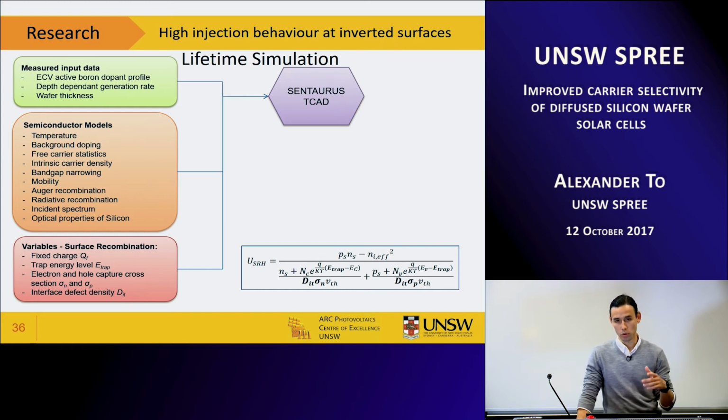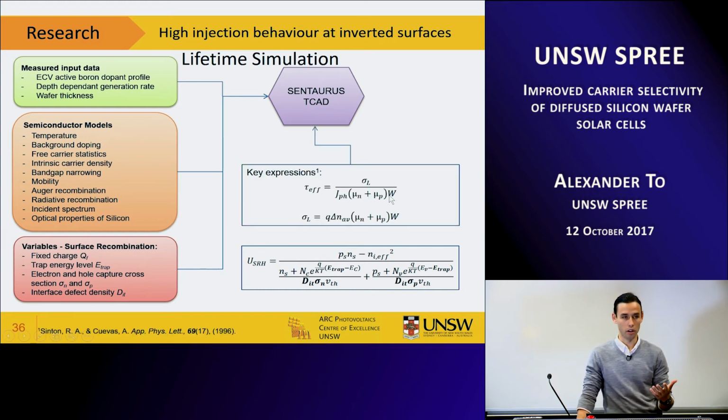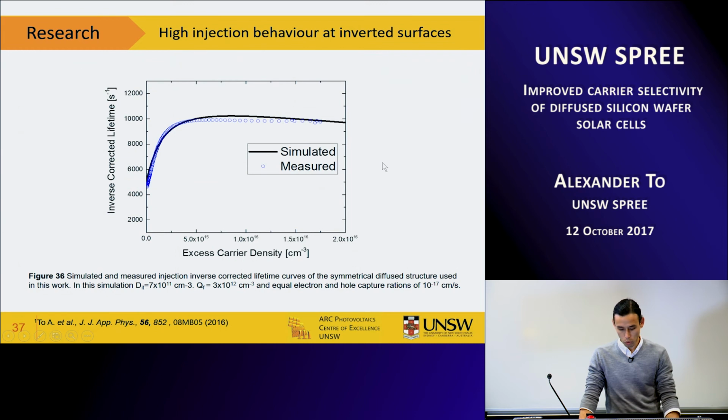We put all that into a Centaurus simulation, and we simulated a lifetime curve in a very similar way to how the lifetime curve is actually measured. And, long story short, we were able to fit simulated and measured lifetime curves. So it was like, okay, that's cool. We can account for this with SRH statistics and taking into account the interface charge at the surface.